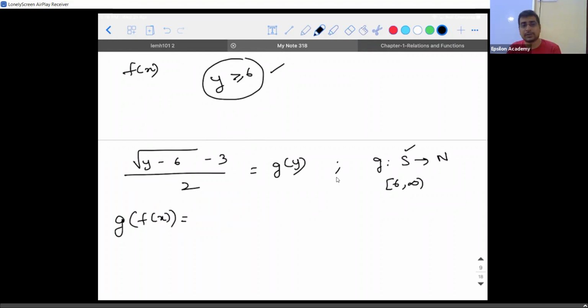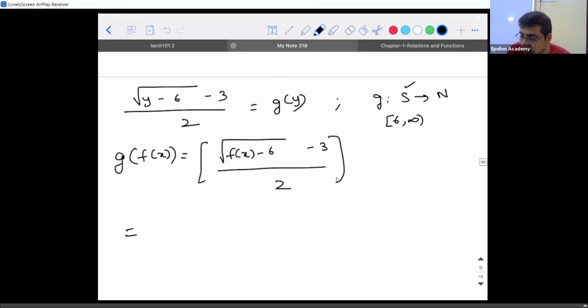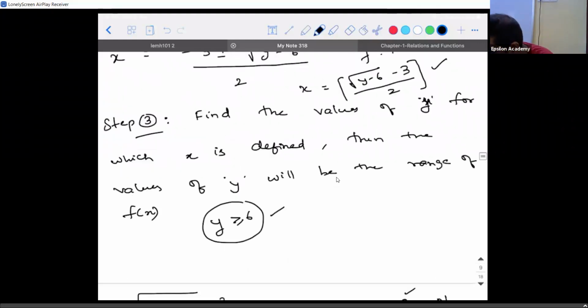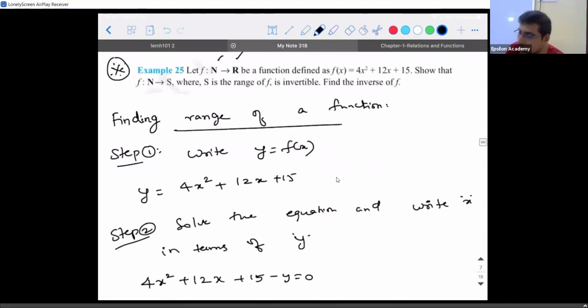So what is g of f of x? Square root of f of x minus 6, minus 3, the whole divided by 2. But what is f of x now? 4x square plus 12x plus 15.